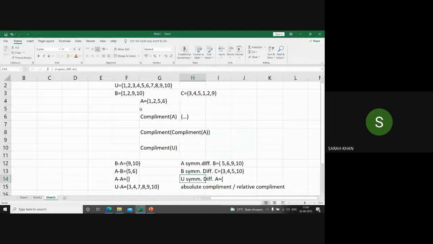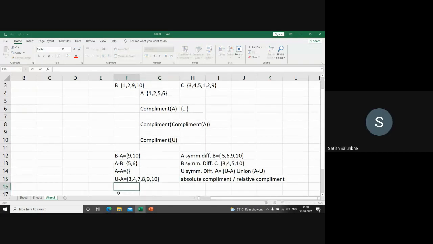Sir, in this, the null set will also be added. Okay, just a minute. Let me come here and type. This is equal to U minus A union A minus U. Now tell me what is U minus A. U minus A is this.